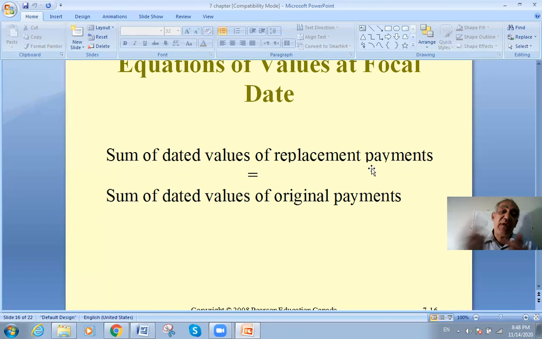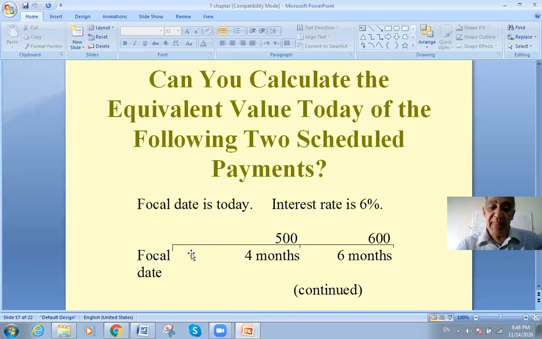So shall I get the present value or the future value? This is the point, and it is based on where the focal date is.